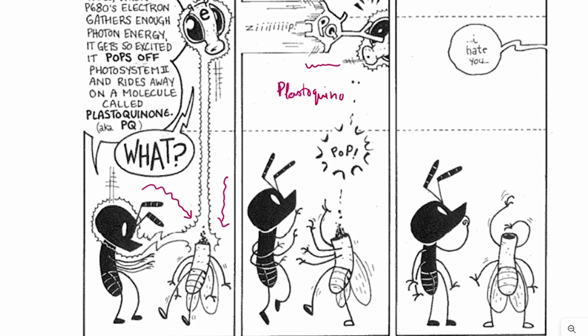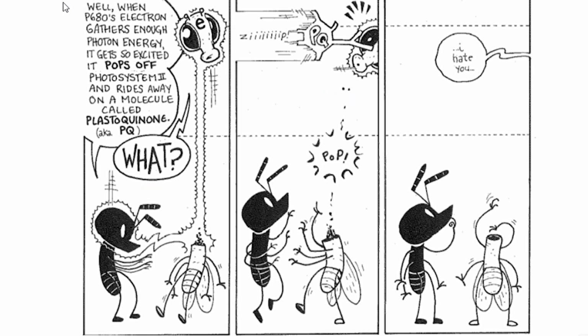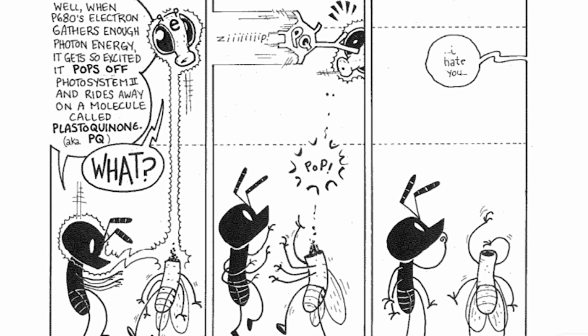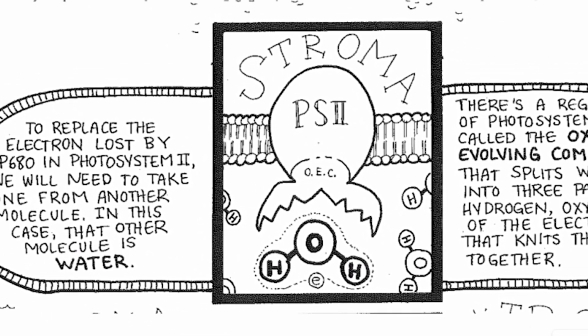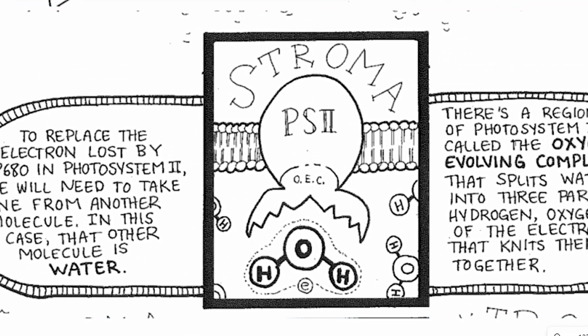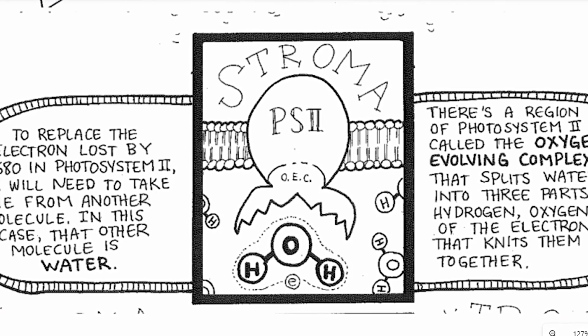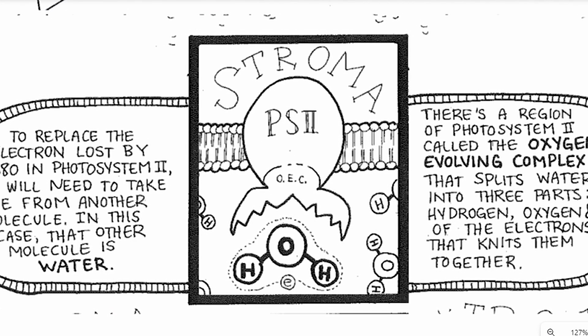plastoquinone. If you pay attention, you will notice that P680, aka Wilbur the hoverfly, lost his head, that means the electron. And now the question arises: from where does it get the electron back, or his head back? The answer is it will get its electron by the functioning of the OEC, the oxygen evolving complex. The oxygen evolving complex splits the water molecule to replace the electrons lost by photosystem 2.